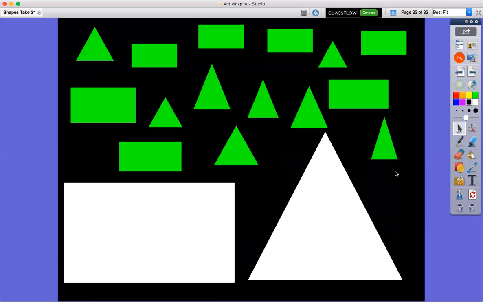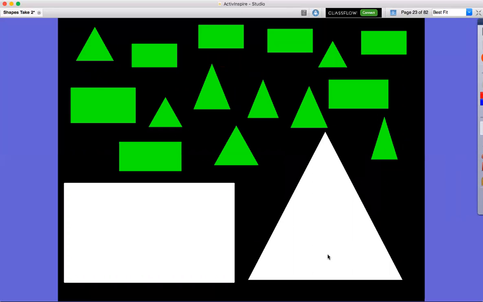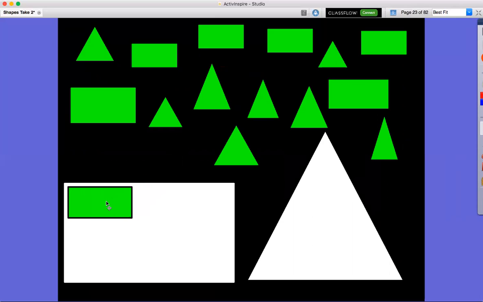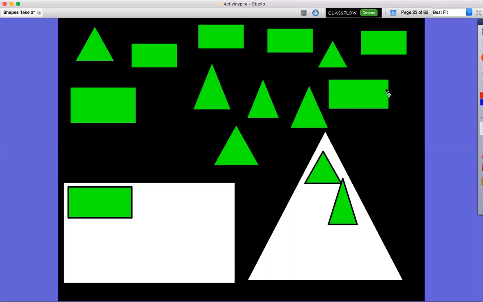Let's sort some shapes. Let's sort triangles into our triangle and rectangles into this big rectangle, okay? So, is this a rectangle? Yes, that's a rectangle. What about this shape right here? No, that's a triangle. Is this a rectangle? No, that's a triangle. What about right here?